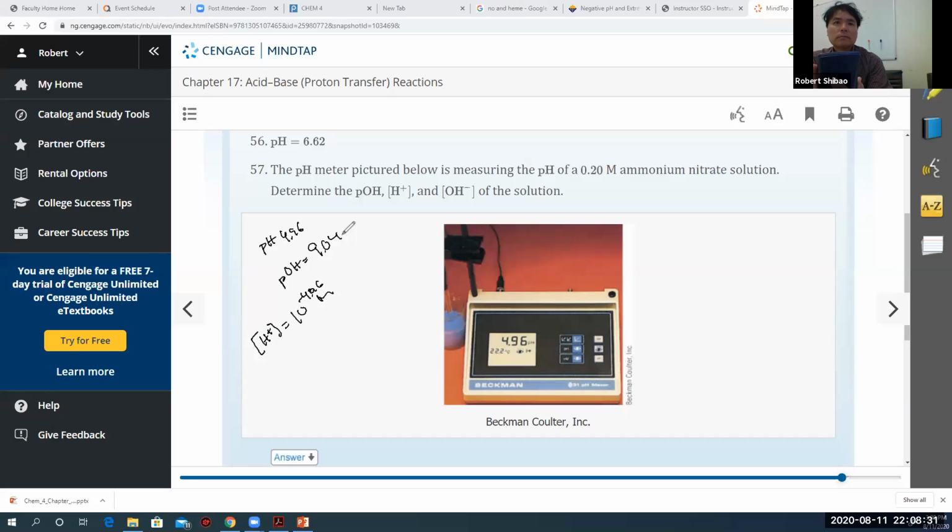I'll take shift log base 10 minus 4.96. 1.09 times 10 to the minus 5, which is 1.1 times 10 to the minus 5 molar.